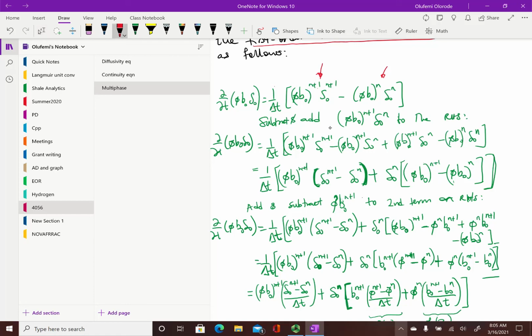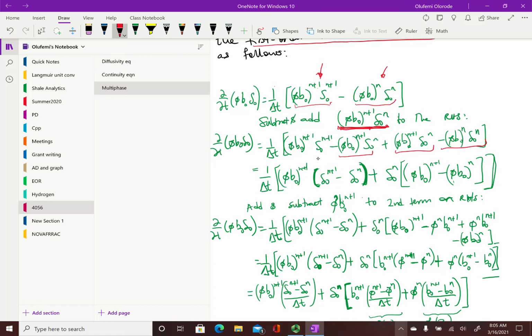So we subtract and add this term from the right hand side. So we are going to have this term, minus this, which is here, plus the same term, this guy, minus this other term, which is this.